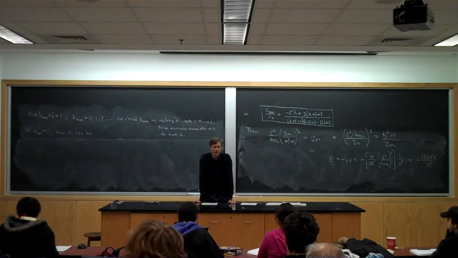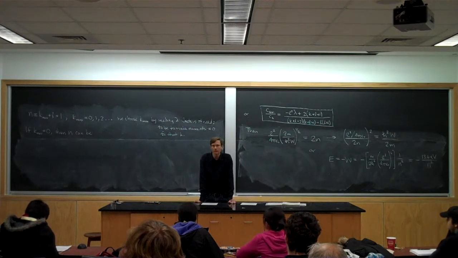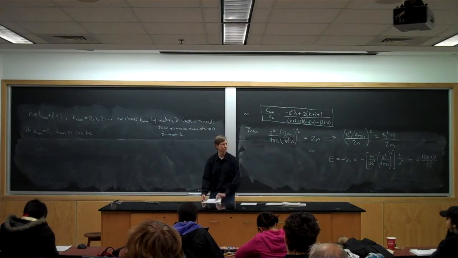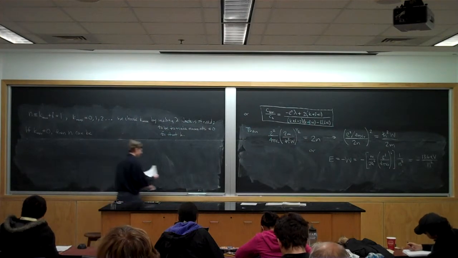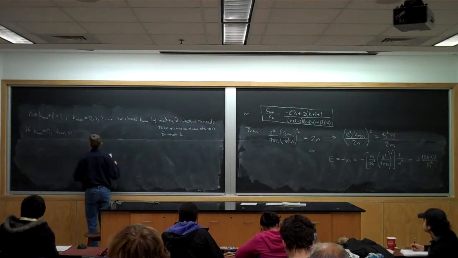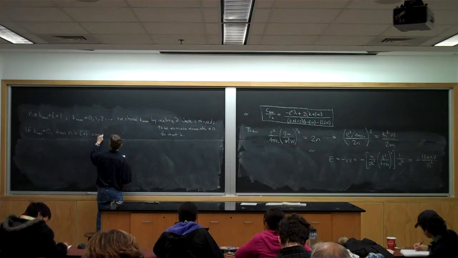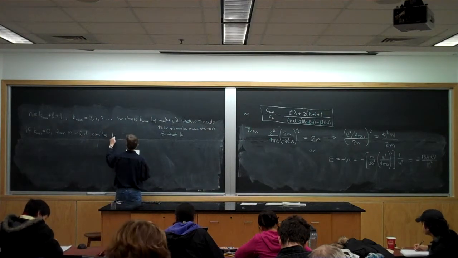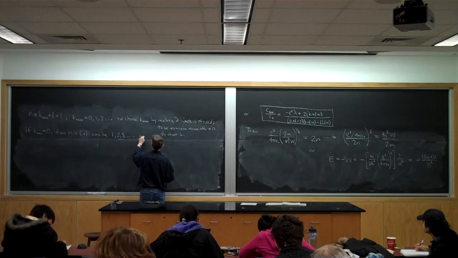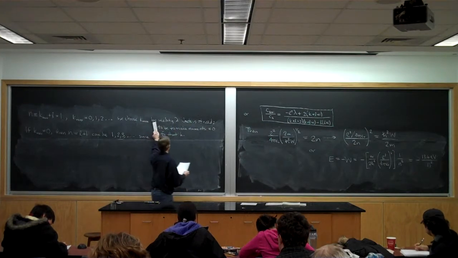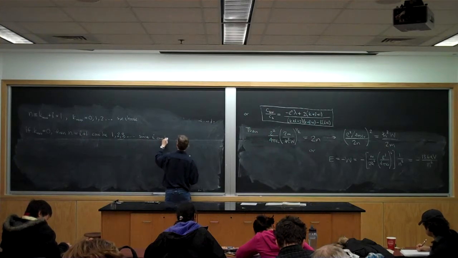0, 1, 2, 3, 4, 5, 6, 7, 8, 9, 10, and so on, any integer you like. Then n equals L plus 1 can be 1 or 2 or 3, since L can be 0.